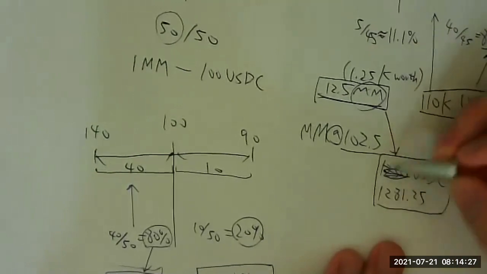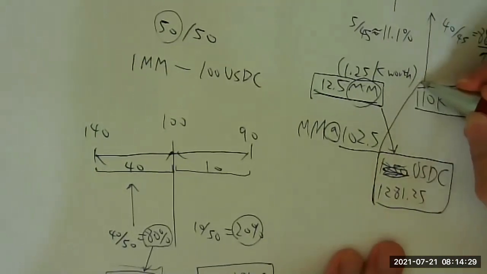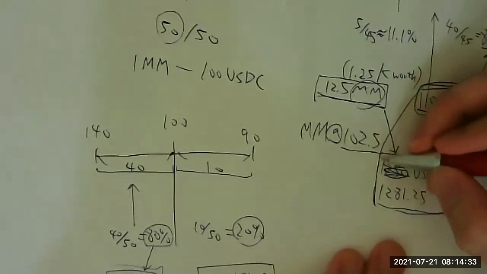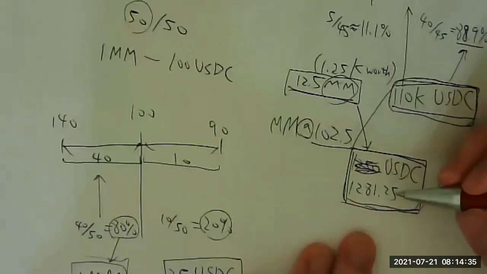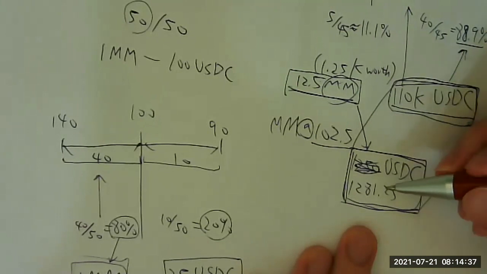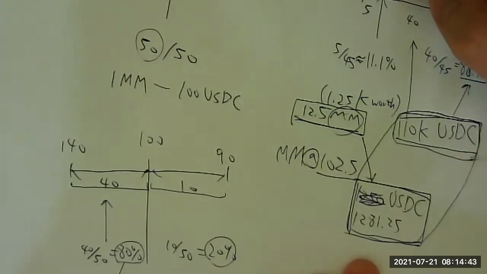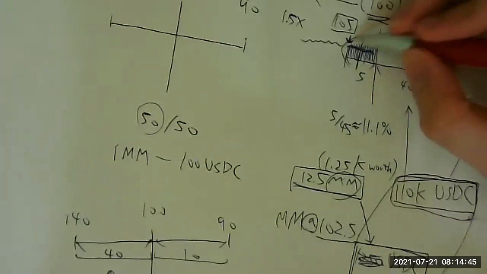So your pool will consist of USDC only. So the original USDC you put and the USDC you get from the MM that was being exchanged during this range.